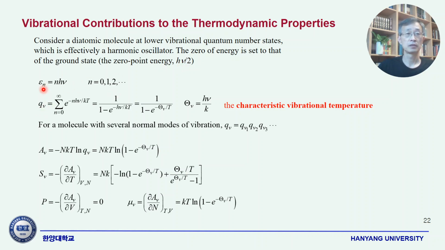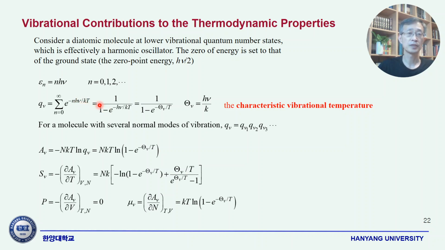Then, counting all the states, we sum over all states from n equals 0 through infinity, and that's the vibrational partition function. This sum is a geometric sum with the first term 1 and the ratio for each term e to the minus h nu over kT.